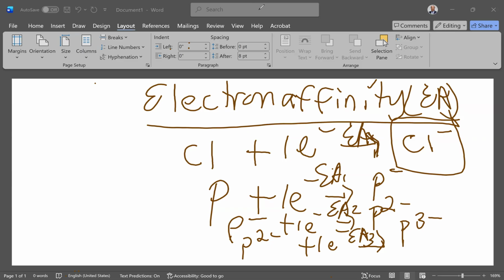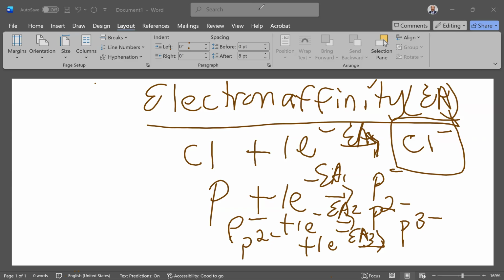Ionization energy is unique for the metals, while electron affinity is very unique for nonmetals. So we have three: atomic radius, ionization energy, and electron affinity. Now the behavior of this is the same as ionization energy.